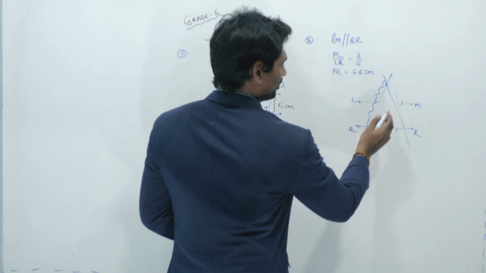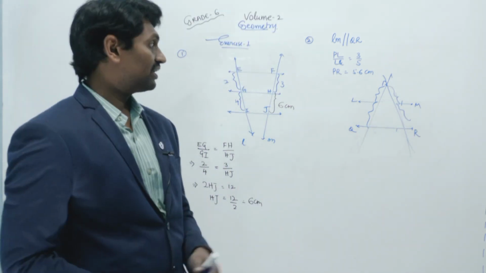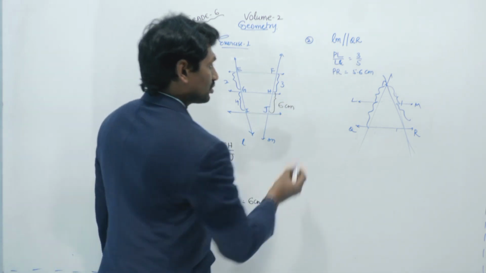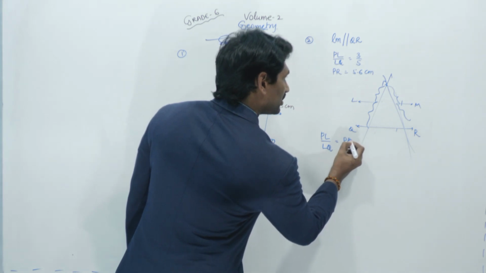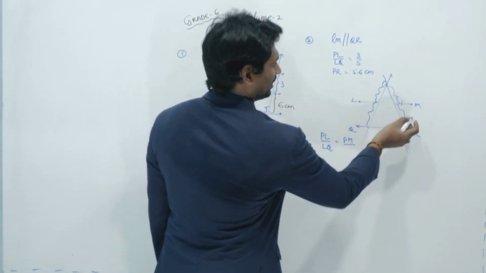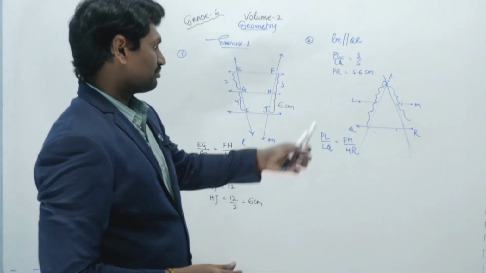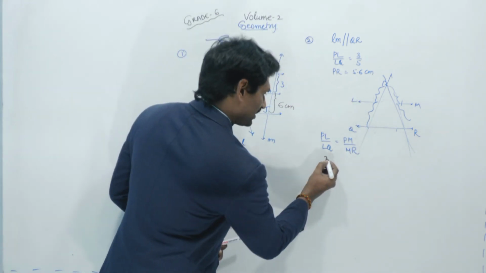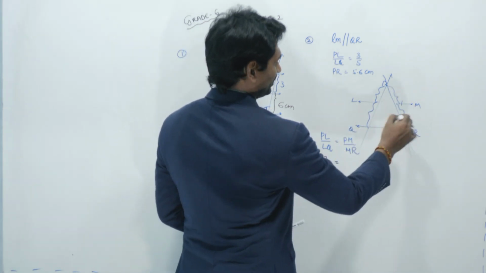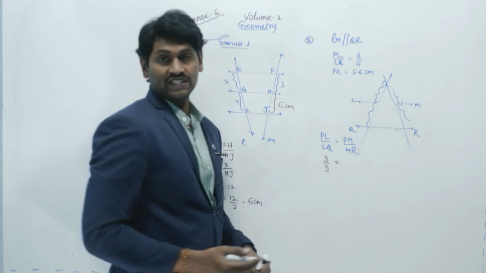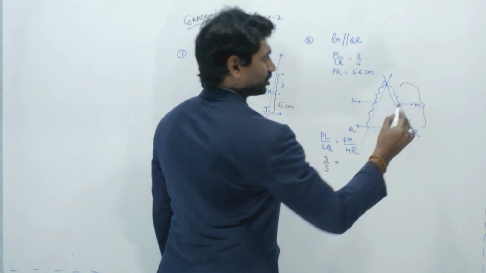PL by LQ equals PM by MR. For parallel lines, they make proportional intercepts. So try to substitute the values. PL by LQ is 3 by 5, and PR, the total length, is 5.6 centimeters.